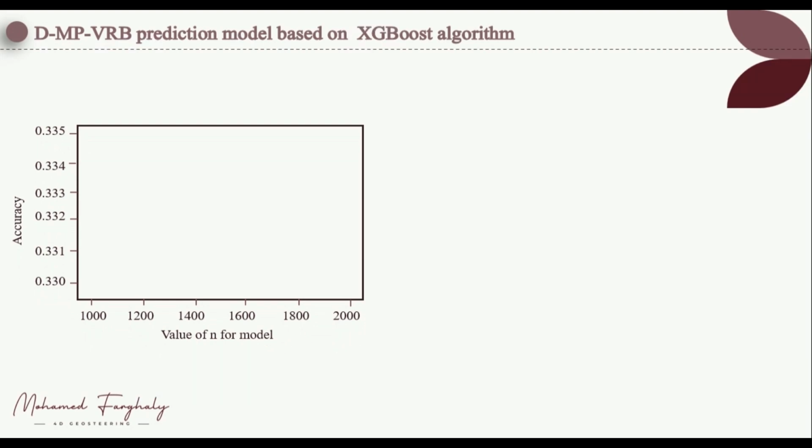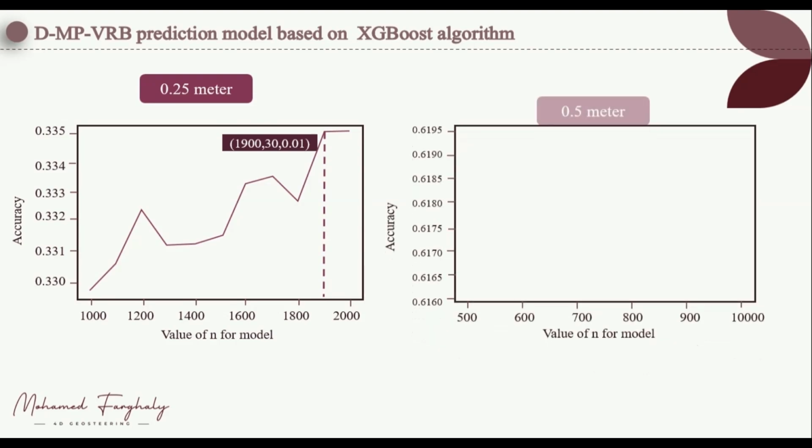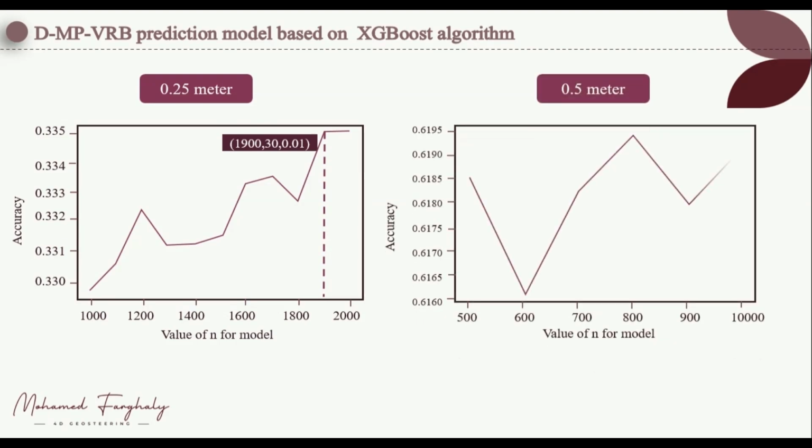For a step size of 0.25 meters, 21 combinations were calculated, obtaining the optimal parameter 1930.01. For a step size of 0.5 meters, 18 combinations were calculated, obtaining the optimal parameter 850.05.